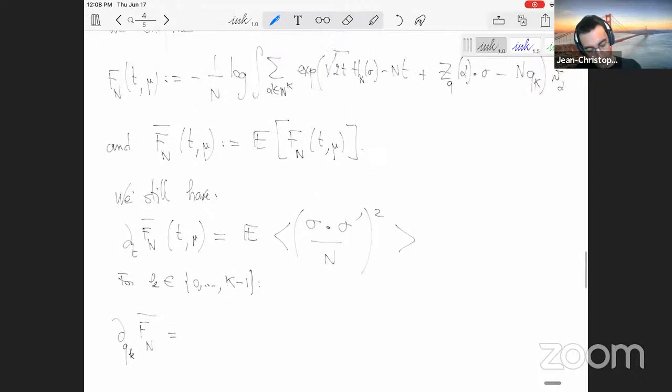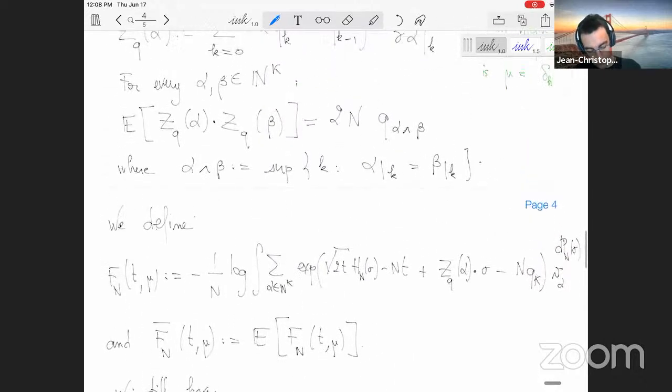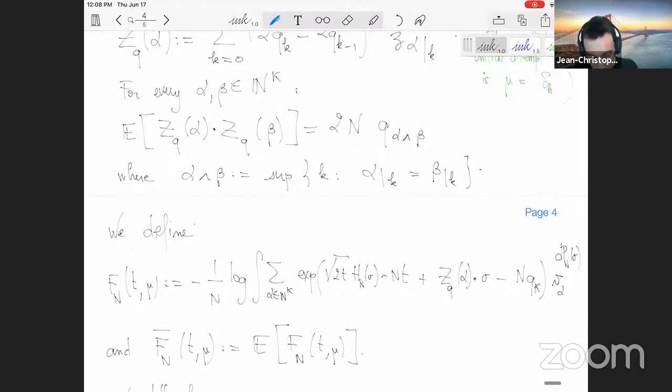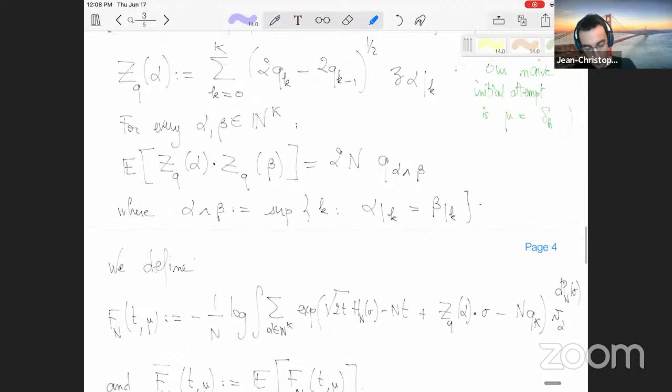So let me display one more time the definition. It's here. And so we have to remember how the qk appears in this guy, and it's displayed on top.